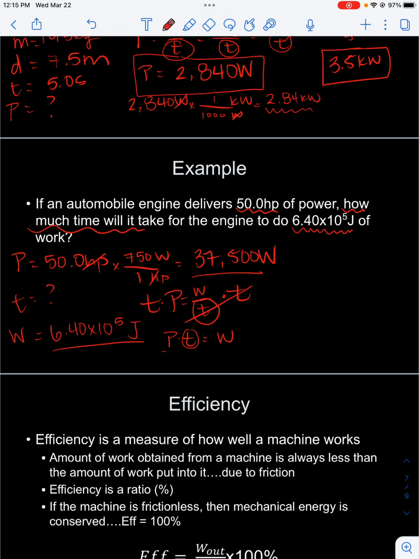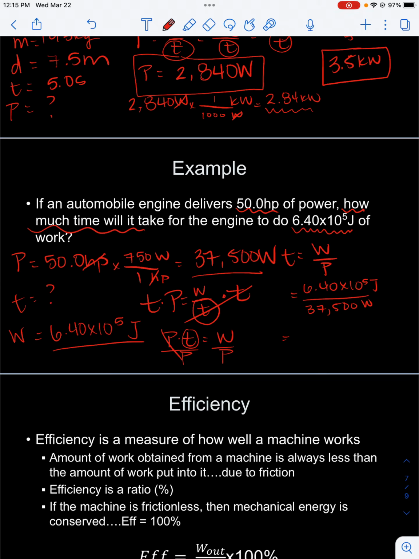Still trying to get time by itself. So we divide by power. All right, so time is equal to work divided by power. So we have our work, which is 6.40 times 10 to the 5th joules divided by 37,500 watts.